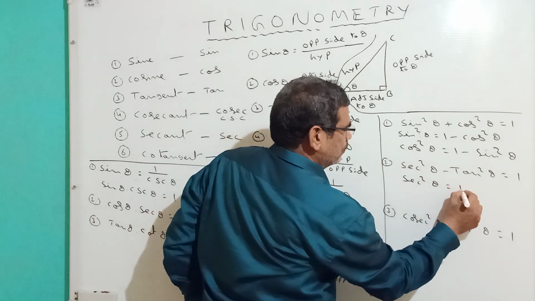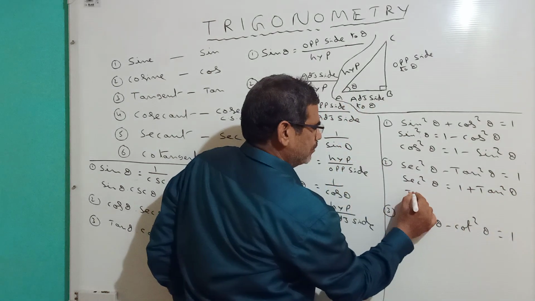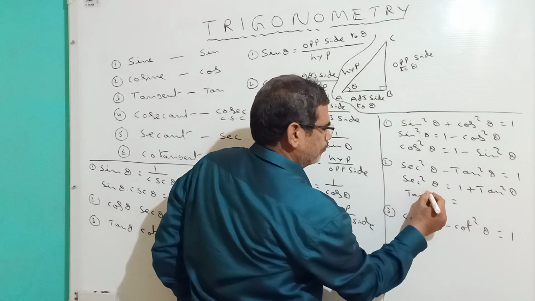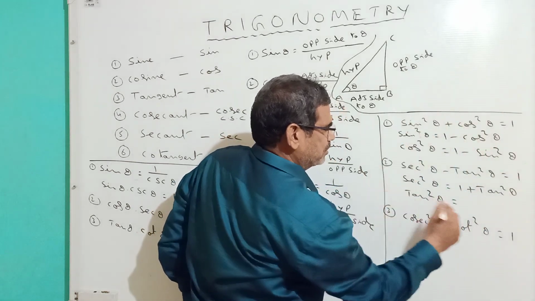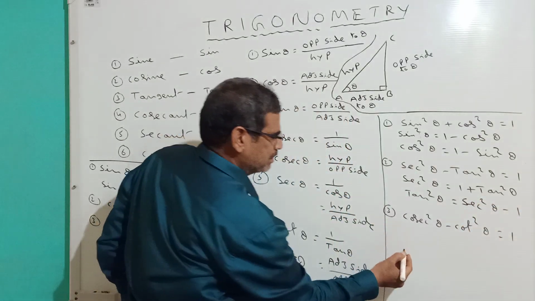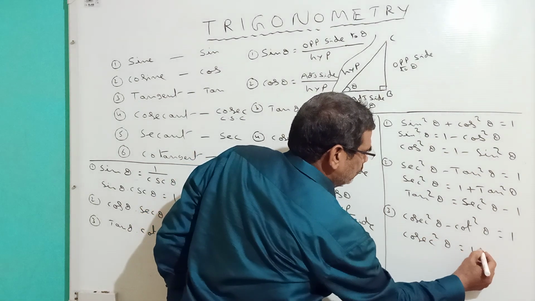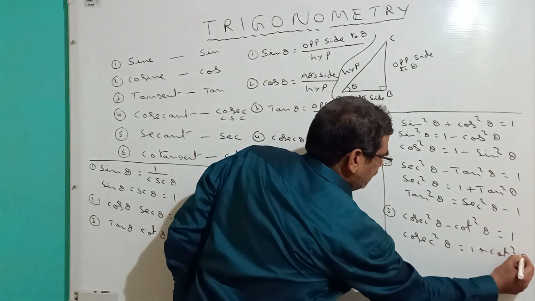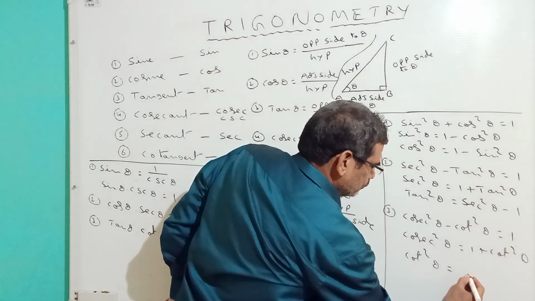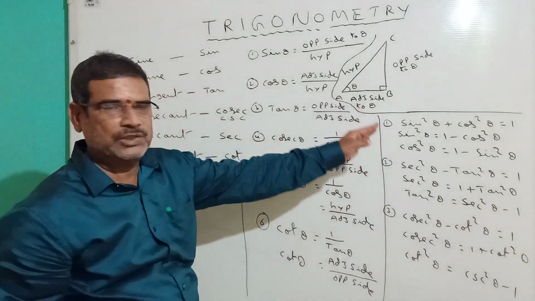Secant square theta is equal to 1 plus tan square theta, whereas tan square theta is equal to, this one will come this side, that is secant square theta minus 1. Here also in the same way, cosecant square theta is equal to 1 plus cot square theta. Cot square theta is equal to cosecant square theta minus 1. So these are the formulas.